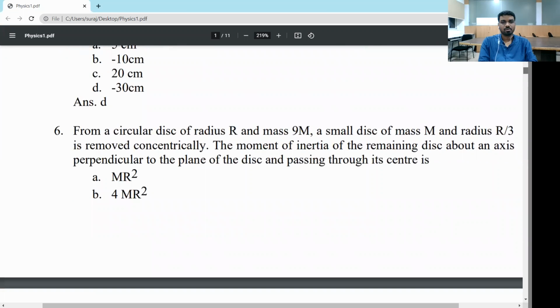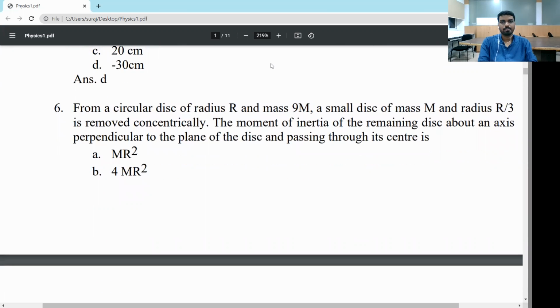Next, coming to the sixth question. From a circular disc of radius r and mass 9m, a smaller disc of mass m and radius r by 3 is removed concentrically. The moment of inertia of the remaining disc about an axis perpendicular to the plane of the disc and passing through the center. So what is given here?